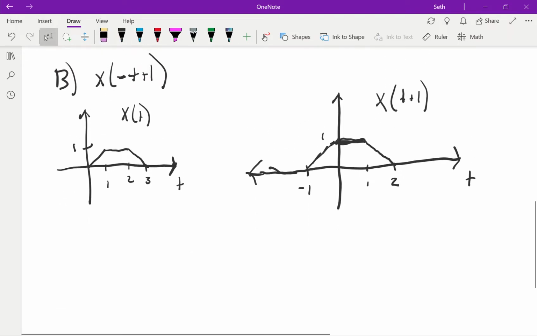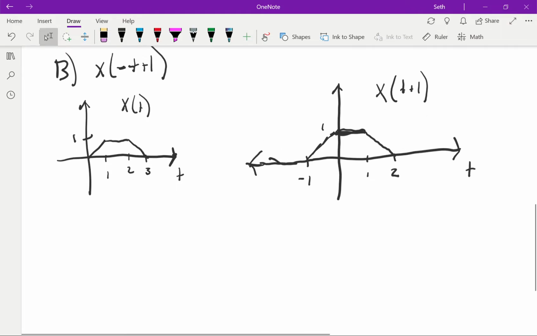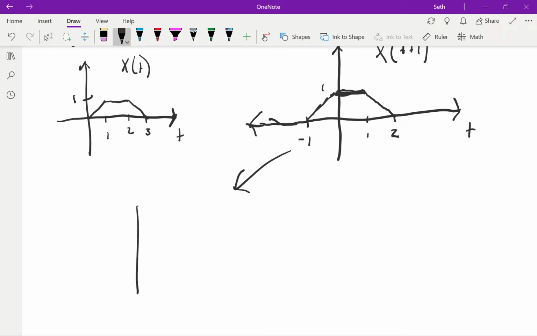Okay, so now that we have x of t plus 1, we're going to reflect this graph. So this point here is going to reflect over the axis to minus 2, minus 1. This point here reflects over to 1. This point here. I guess you guys can't really see my pen moving. So we get a graph that looks like this.